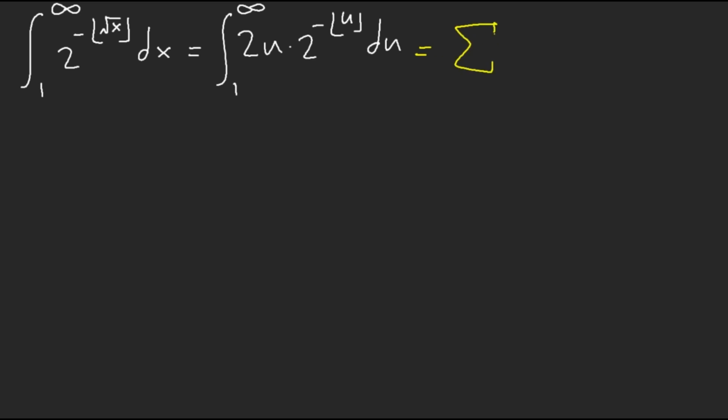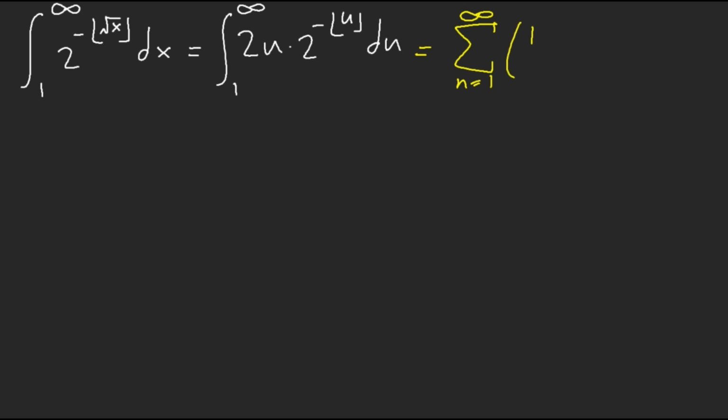Interesting. Let's go ahead and force u-substitution. Let u equal the square root of x. We get the integral from 1 to infinity of 2u, and then this floor function on top, du. Let's go ahead and sum that up, n equals 1 to infinity.